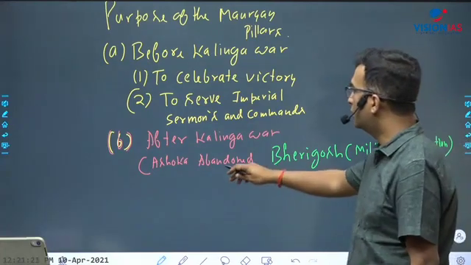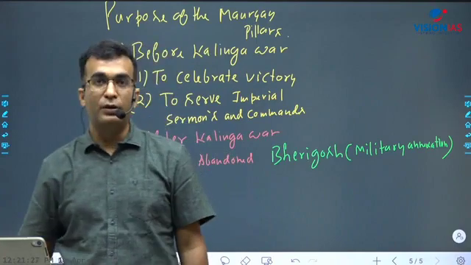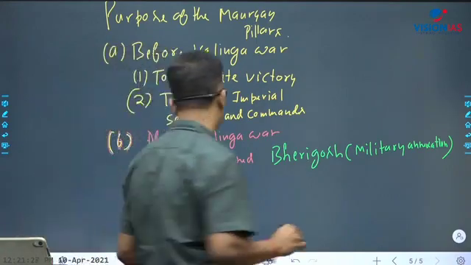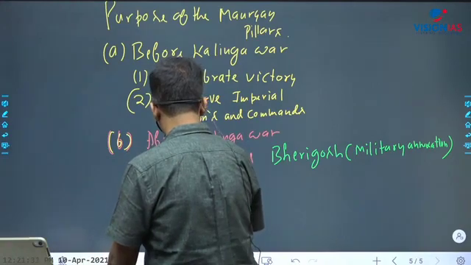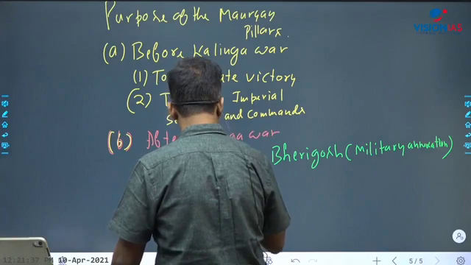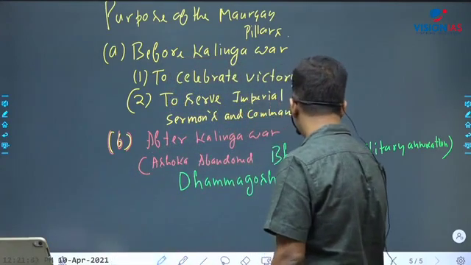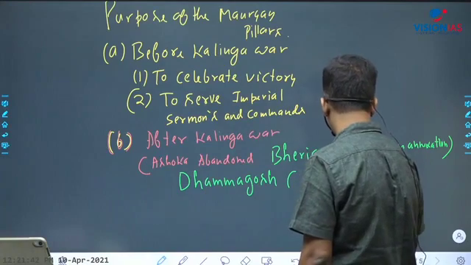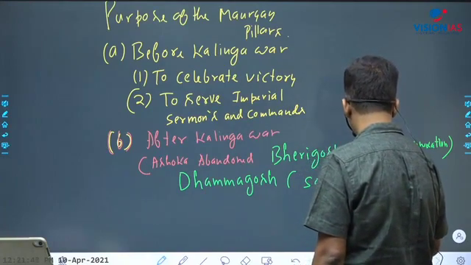So Asoka, after the Kalinga War, abandoned the policy of Bheri Ghosh and accepted Dhamma Ghosh, and you can write socio-cultural annexation.